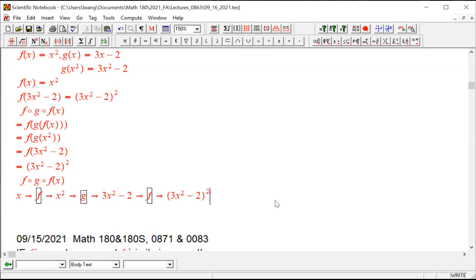So that's a composite function. From our basic functions, you can create all kinds of functions by composition, by adding, subtracting, multiplying, dividing. Make sense?